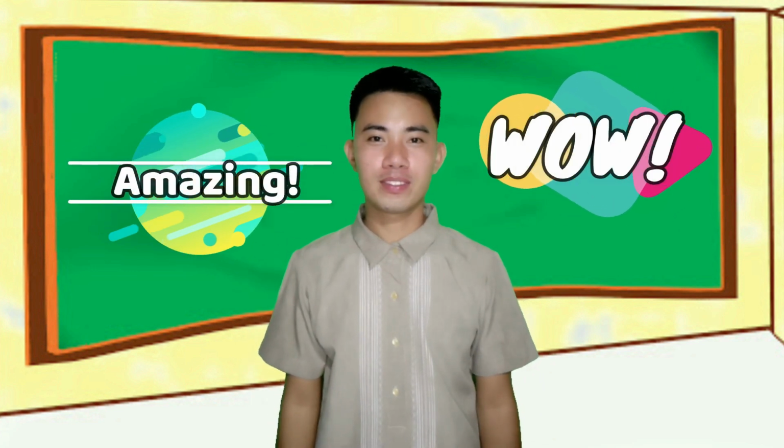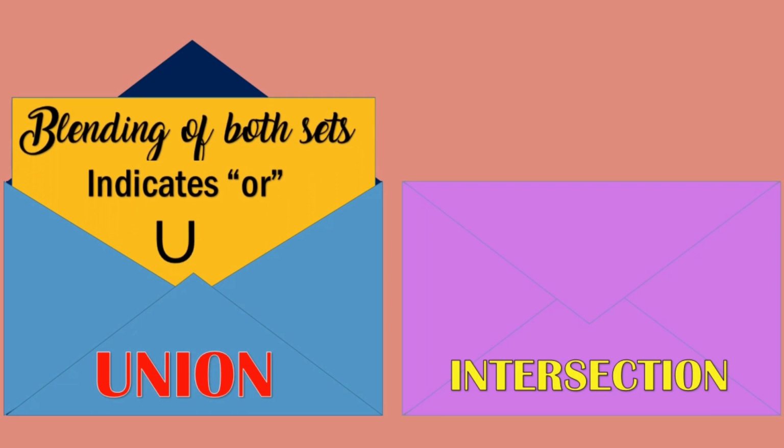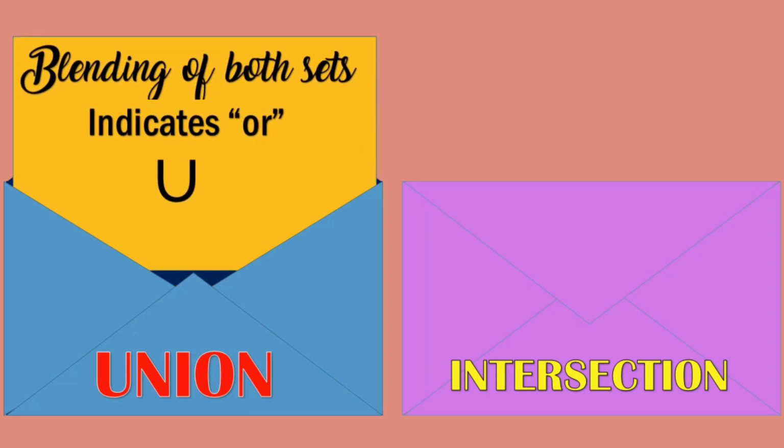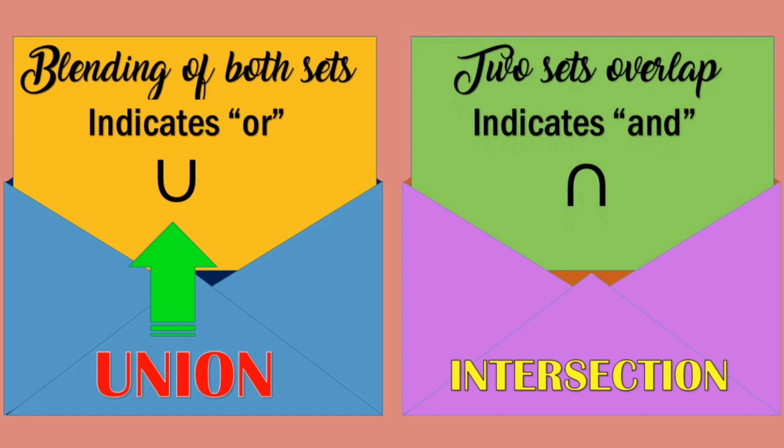Very good! Moving forward, the blending of both sets, indicated as OR with the special symbol ∪, is union. On the other hand, if the two sets overlap, indicated as AND with the special symbol ∩, is what we call intersection.